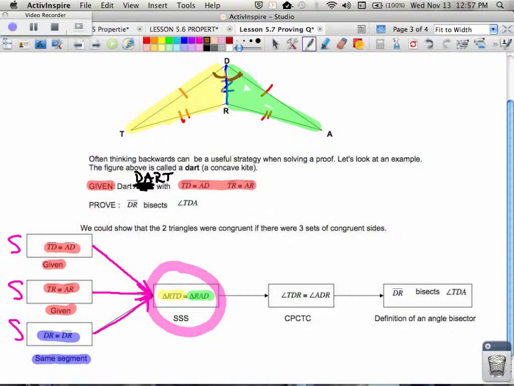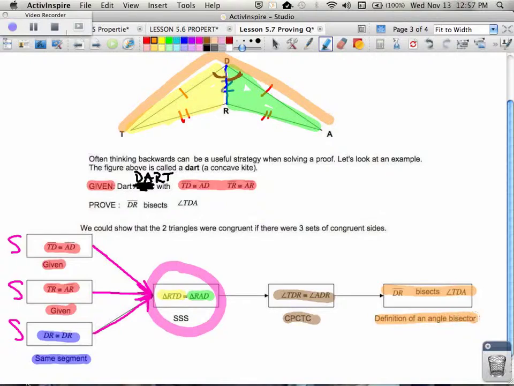And so I say that those two angles are congruent to each other, and that's because they were the corresponding parts of two congruent triangles, and so they must be congruent. Once I've done that, I know in the end that the segment DR must be the bisector of the big angle TDA, this big angle right here, TDA, because that's the definition of what an angle bisector is.